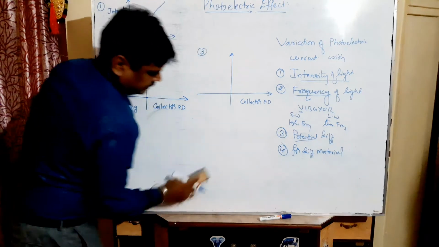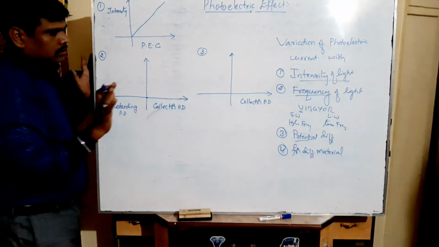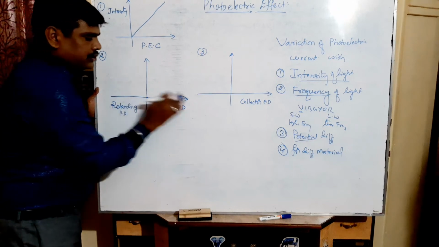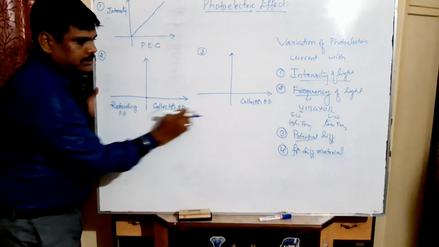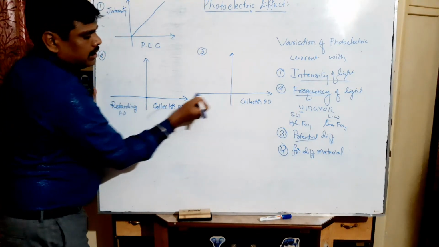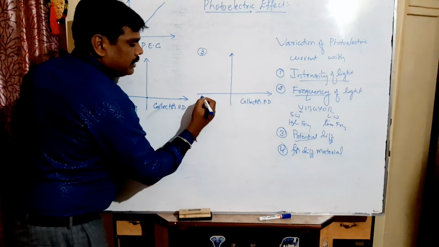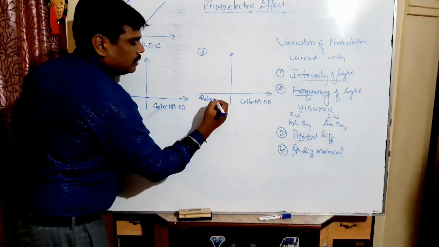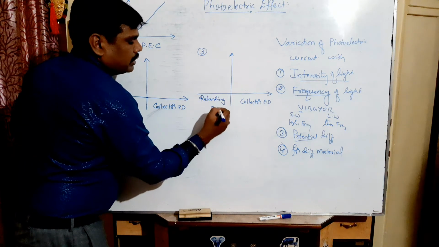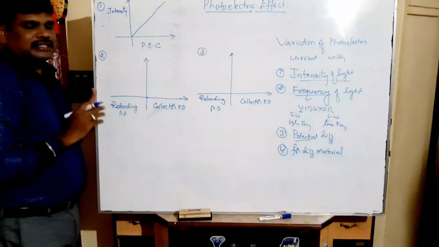So come to this point. Clear now? Now what have we taken? Along the positive x-axis, the collector potential difference. Along the negative x-axis, we have to take the retarding potential difference, which means reverse.